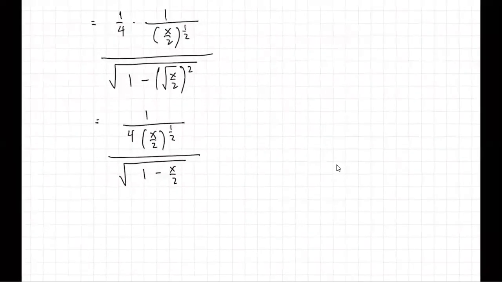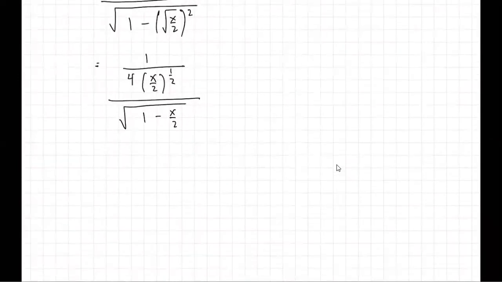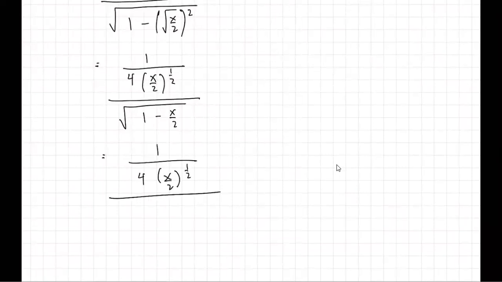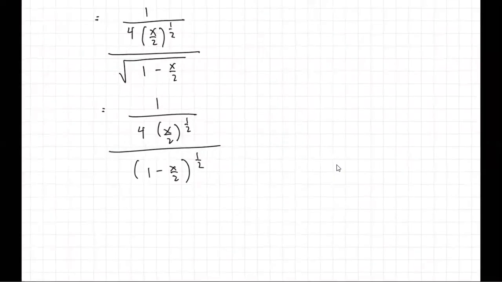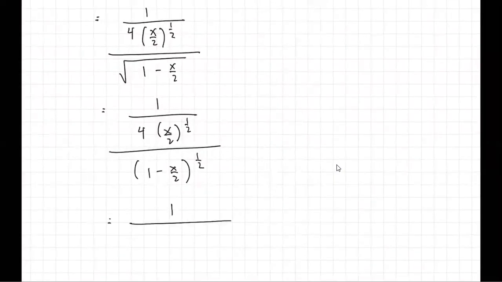Okay? Magka-cancel out yung square root. And then, yung denominator natin can be 1 over 4 x over 2, 1 half, divided by 1 minus x over 2, 1 half. And combine natin yung both denominator. So, this will be 1 over 4 x over 2, 1 half, times 1 minus x over 2, 1 half.